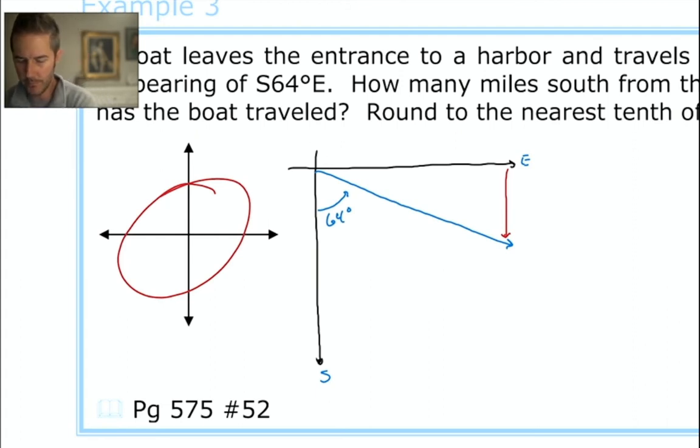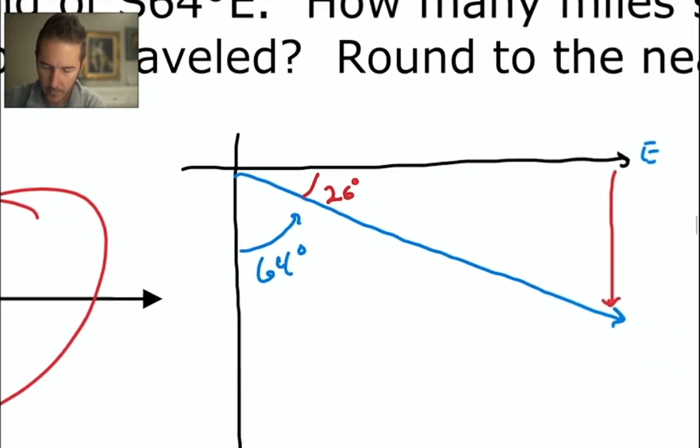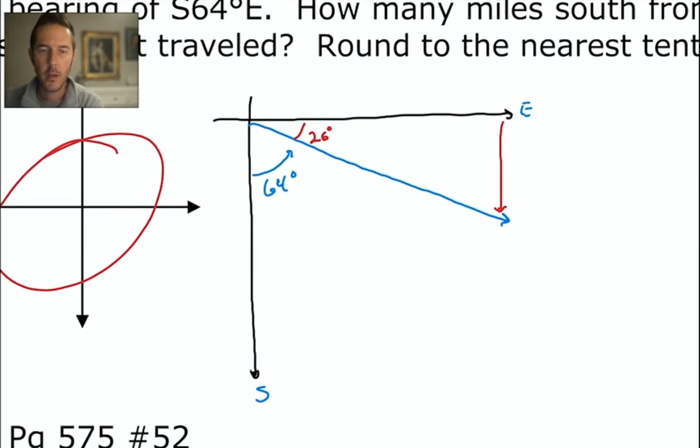And then I'm going to label this reference angle in here as 26 degrees. Now this matches up more with the way that I learned about evaluating trig functions and finding those radian measures on the unit circle, etc.